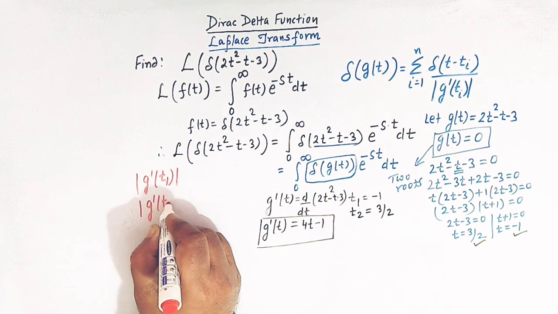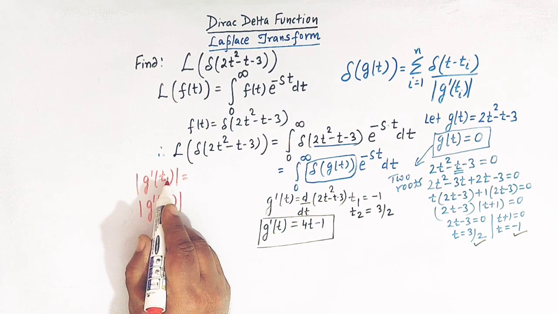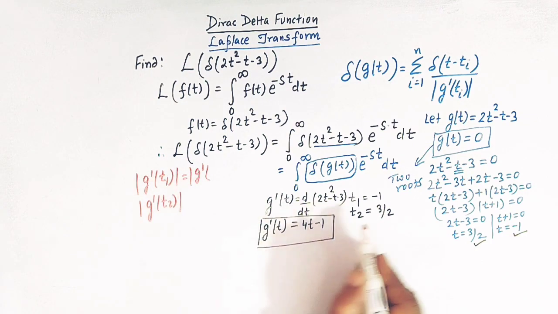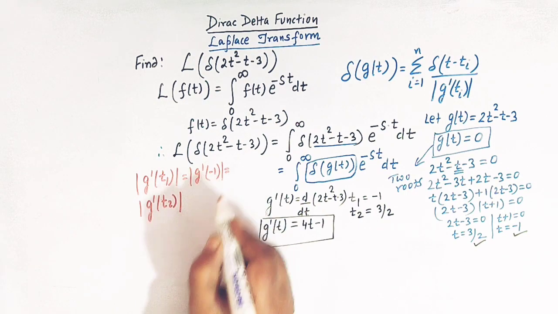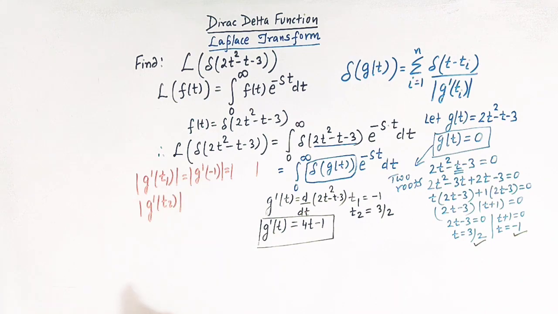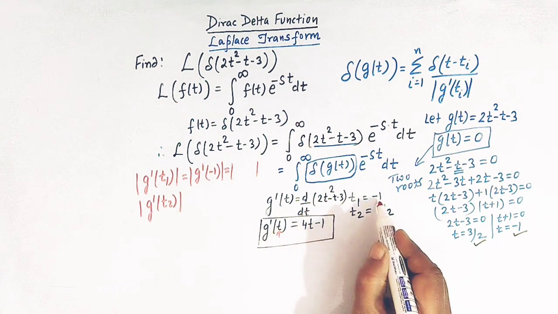So now let us find the absolute value of g prime of t1 and the absolute value of g prime of t2, right? The absolute value of g prime of t1, where t1 is minus 1, is obtained by substituting t equal to minus 1.